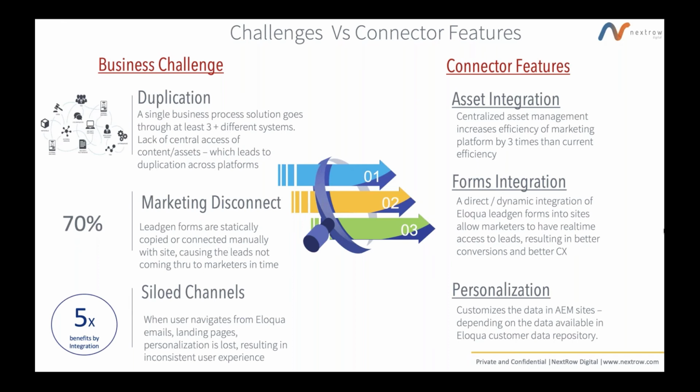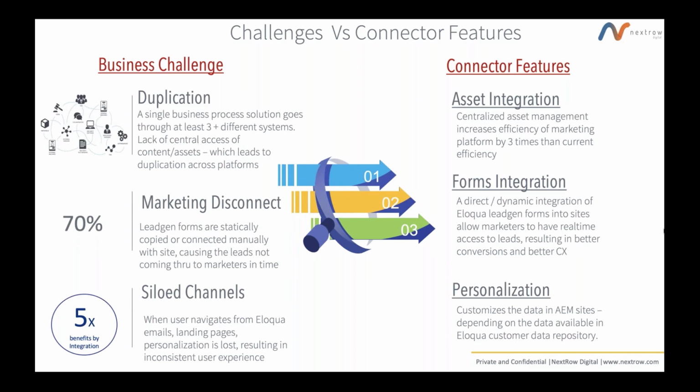And finally, last but not the least, the personalization. As we just talked about the email campaigns, when the email campaigns were run with the personalization in place, and when the user goes onto the AEM site, that personalization is lost.